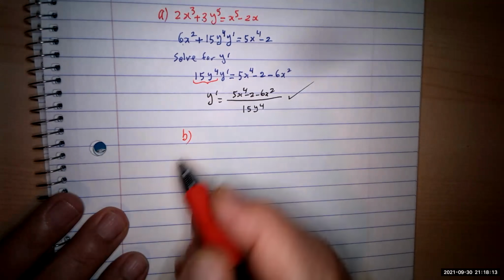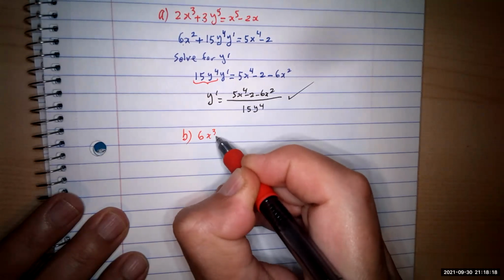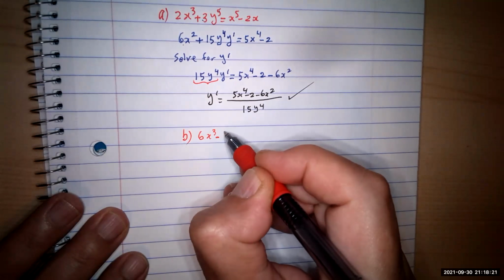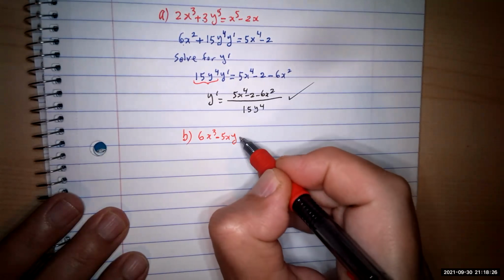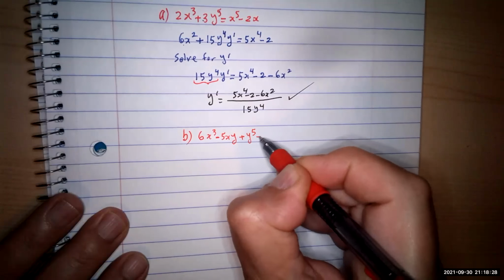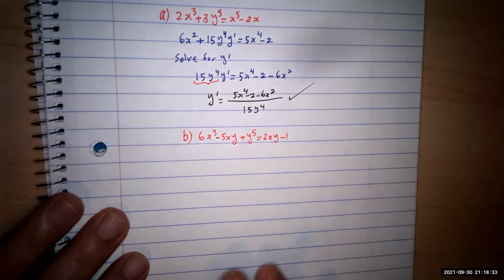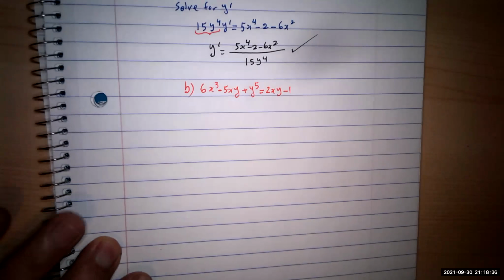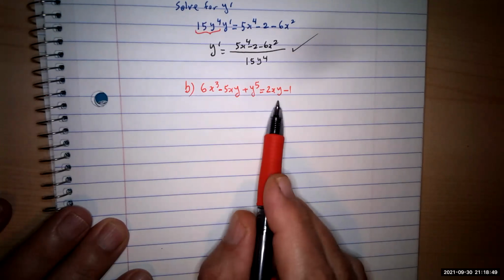Part B: 6x cubed minus 5xy plus y to the fifth equal to 2x minus 1. In this type 2, sometimes you have to apply the product rule as well. There must be a misprint somewhere here, because there shouldn't be 5xy and 5xy.